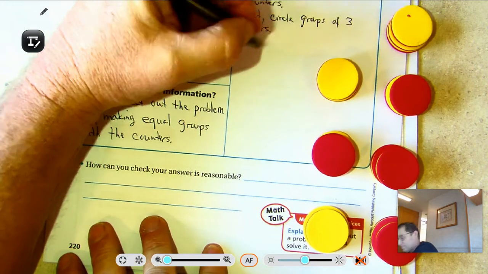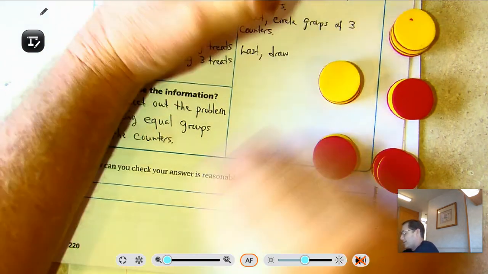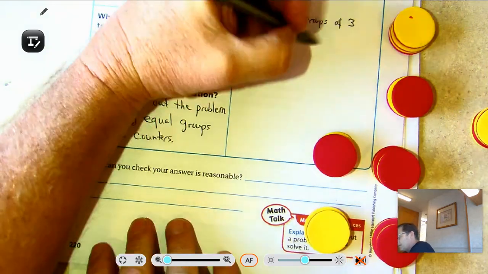So now I'm going to draw the 21 counters and circle groups of 3.